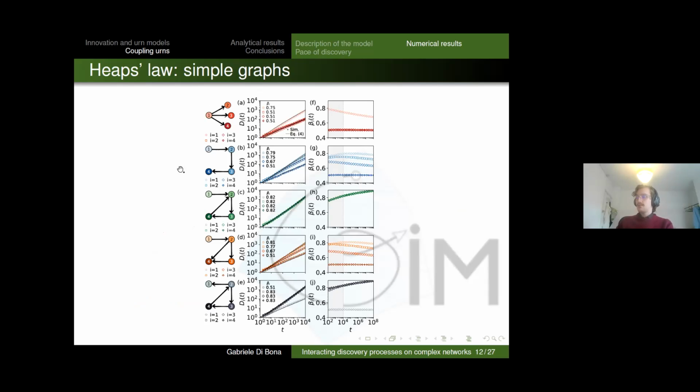Here, just to show you very briefly, there are 5 different, very simple graphs, to see that there are different behaviors depending on the topology. So the topology affects a lot. Sometimes the exponent diminishes, here it increases, and here they are all the same. It's very strange, so we need to understand what happens.